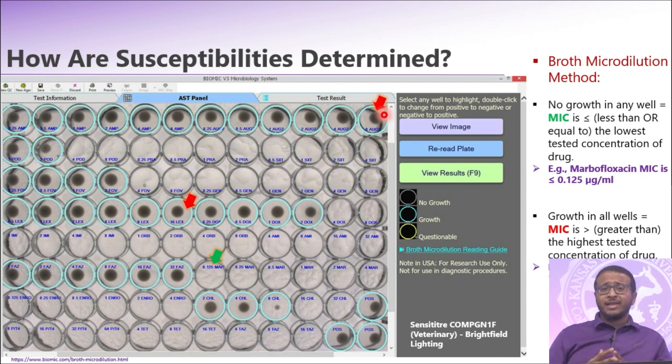Usually, we recommend that any antimicrobial, for a pathogen with an MIC higher than the greatest tested concentration of that antimicrobial, should not be recommended for therapy, simply because we don't know the endpoint. We don't know the MIC. For example, for cephalexin, the MIC could be 16.1 micrograms per mL, but it could also be 16,000 micrograms per mL.